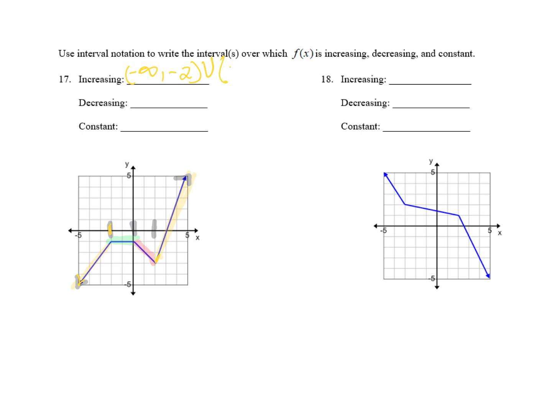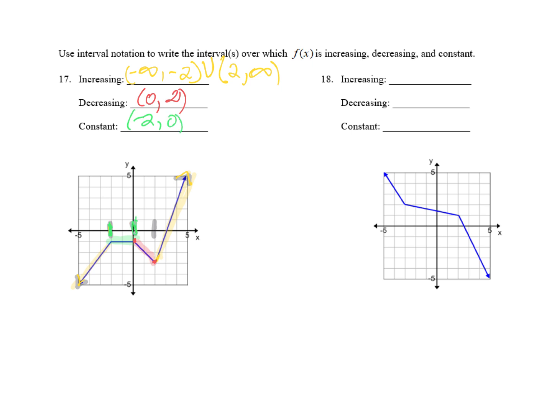It's going up from 2, and then we have an arrow at the end to infinity. And what about your decreasing interval? Well, the decreasing interval starts decreasing at 0 and stops decreasing at 2. And then your last one, your constant, starts being constant at negative 2 and stops being constant at 0.